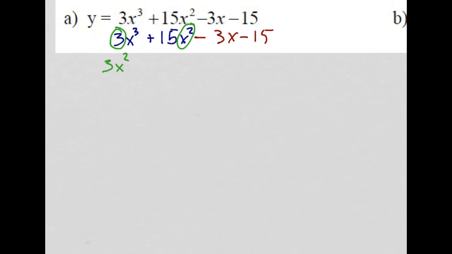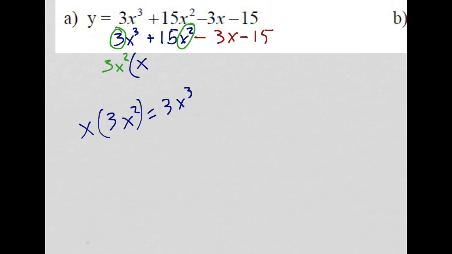3x squared. But then ask yourself, what do I need to multiply 3x squared by to get back to 3x cubed? Notice we've got a 3 and a 3, 2 x's here and 3 x's here, so I need to multiply by x.